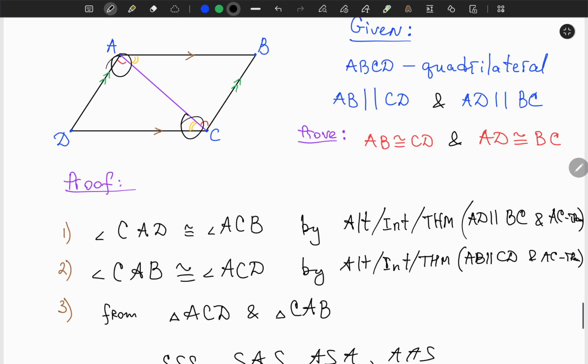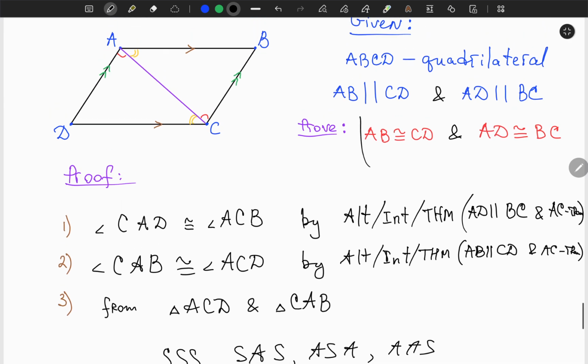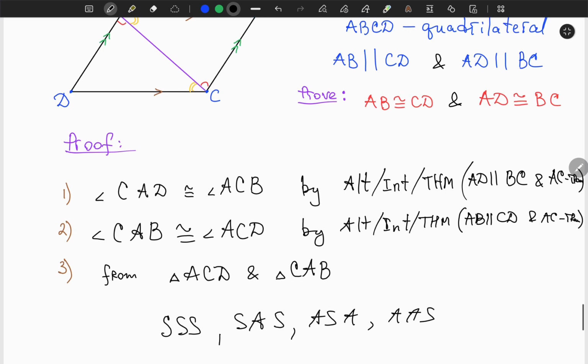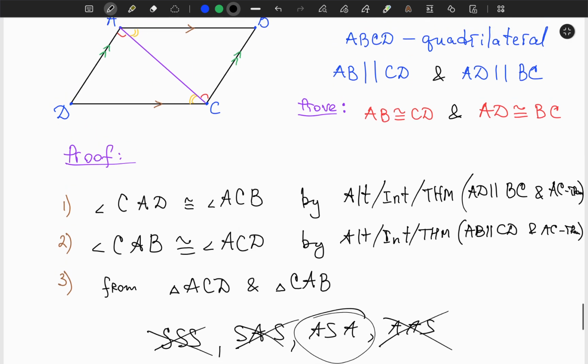We have an angle, but we need this side, but nothing said about the sides being congruent. We only have that they are parallel. We're proving that this pair of sides are congruent to each other. We cannot use this one. So let's try angle, side, angle.